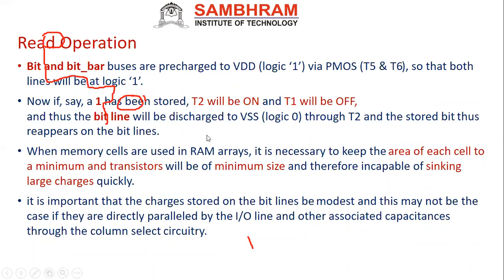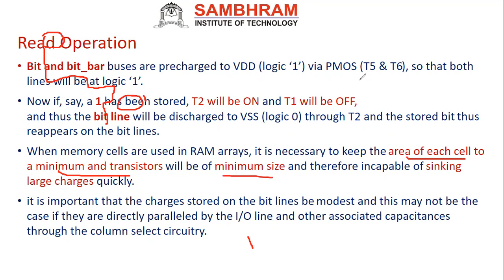Now when memory cells are used in RAM arrays, we'll have row select and column select. It is necessary to keep the area of each cell to a minimum, so the number of transistors will be minimum size.